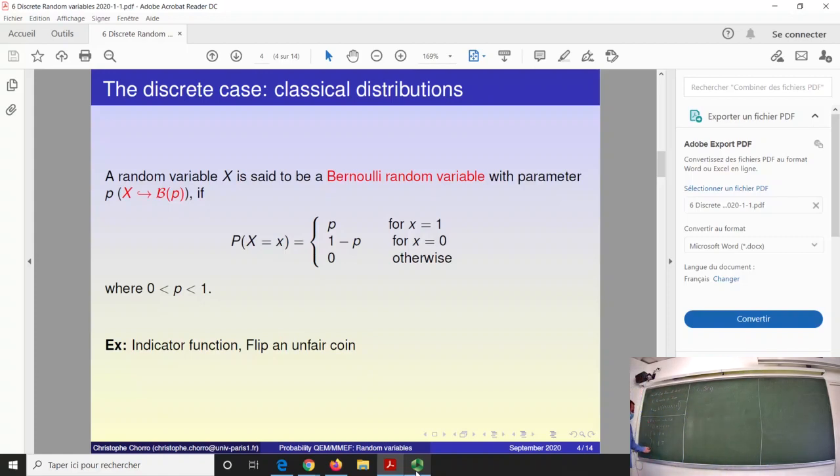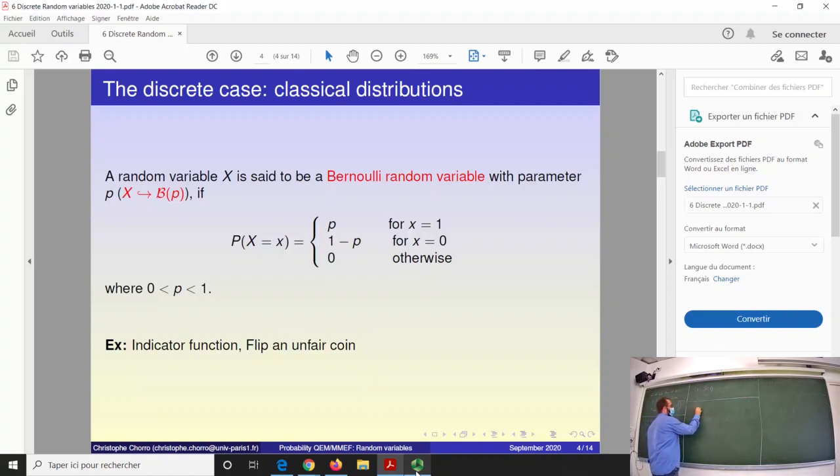So you have one case where the Bernoulli distribution naturally appears. Another example, what I have written in the bottom of the slide: the case of an indicator function. Why the case of an indicator function?